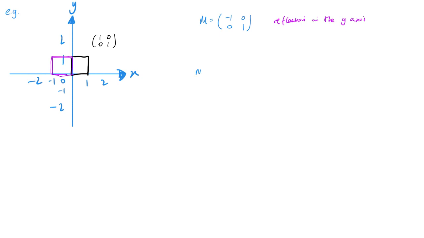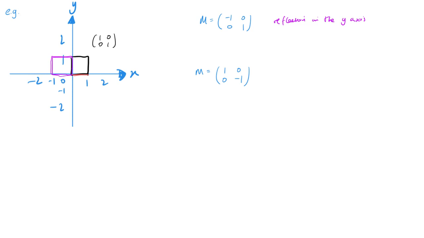Now let's look at this next matrix here. This one I'm going to do in red. So (1, 0) stays the same, and (0, 0) stays the same every time.